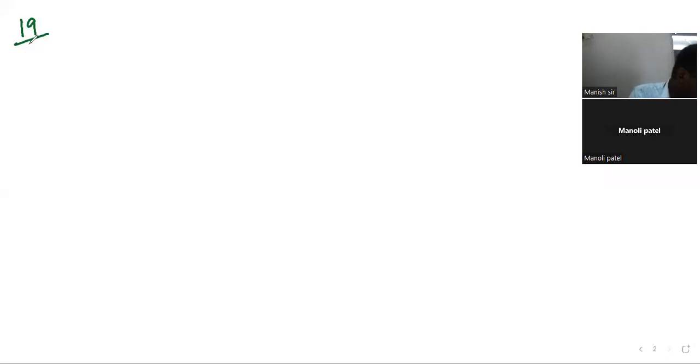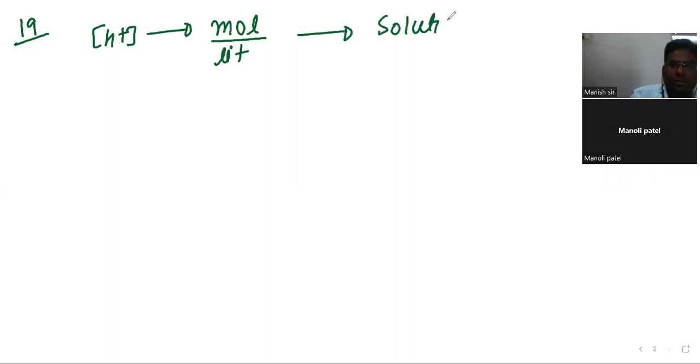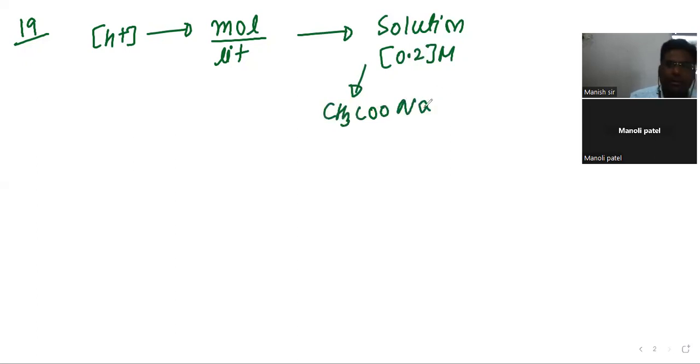Now see question number 19. What is the H+ ion concentration, in units of mole per liter, of the solution? There is a solution whose concentration is given, 0.2 molarity of sodium acetate, CH3COONa.